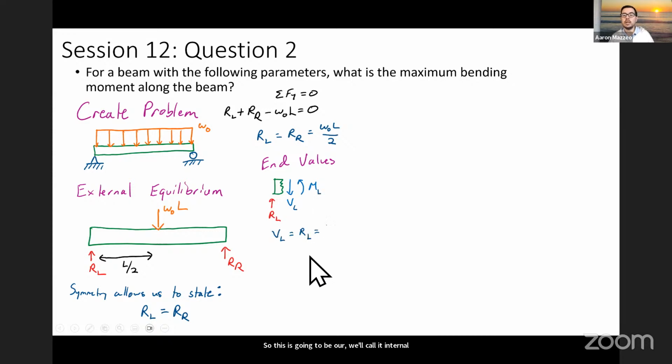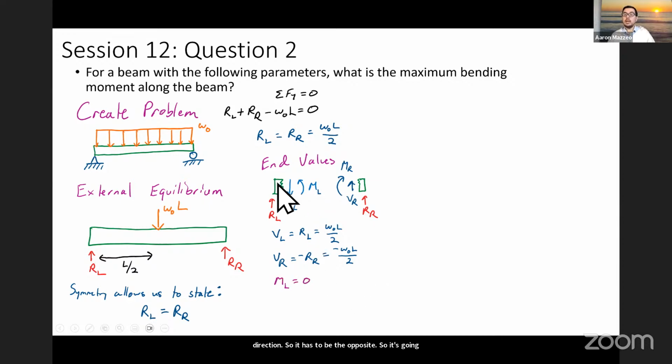Okay, so looking at the left side, we can say that the shear force is equal to W naught L over 2. On the right side, we can say that our internal shear force is going to be equal to minus R. Okay, you see that? Because they're going in the same direction, so it has to be the opposite. So it's going to be minus W naught L over 2.